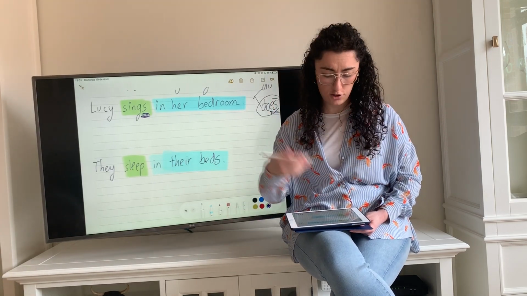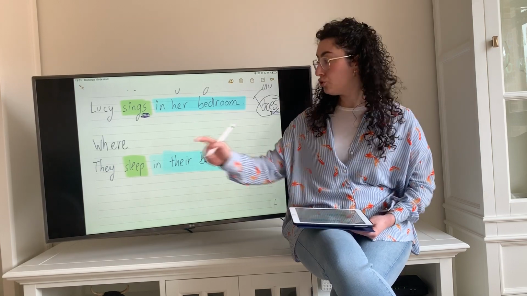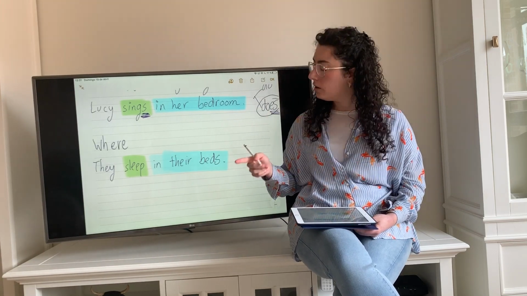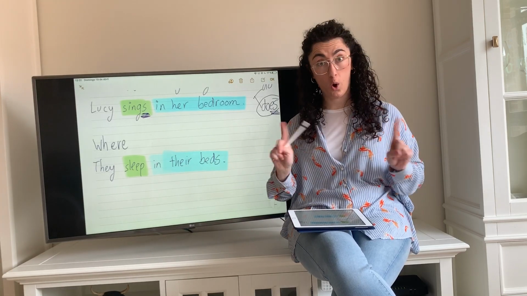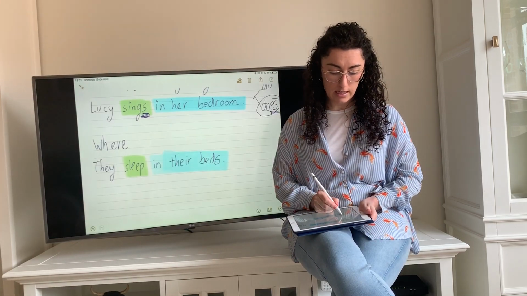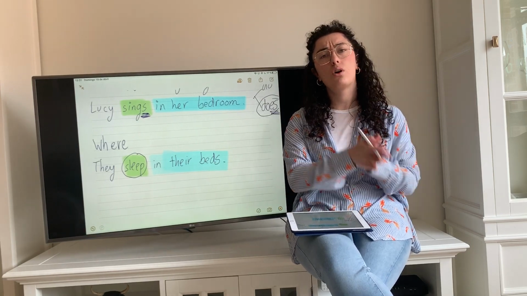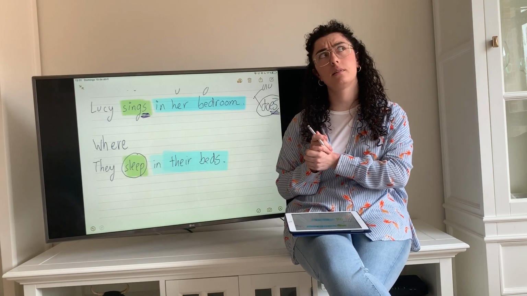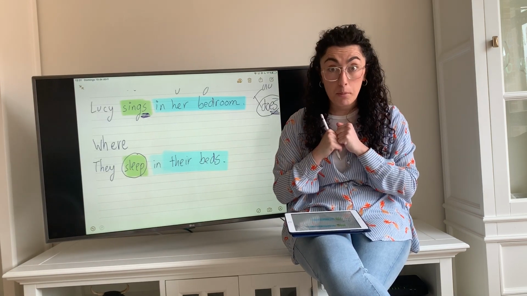That is a place, so we are going to use where again. Where? Do we have the verb to be? Is, are, was, were? No, the verb is sleep. Sleep. Is it in the present or in the past? Sleep. Anyone? It's in the present.